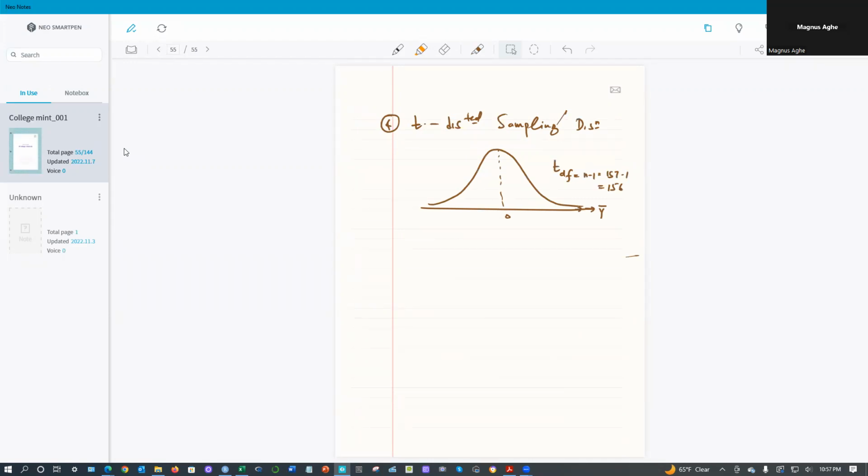How do you write the lower bound of mu? Nothing but y bar minus margin of error, y bar minus t critical times s sub y over square root n, excuse me. This one is the thermostat.